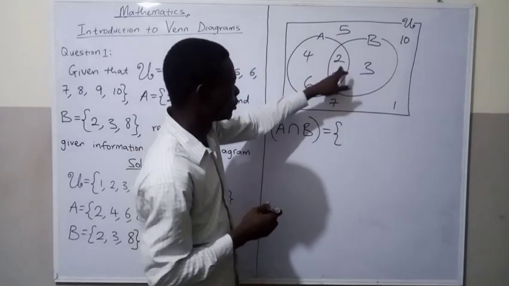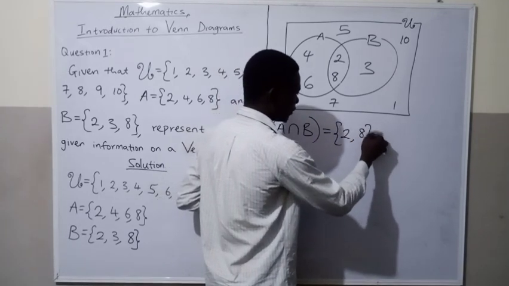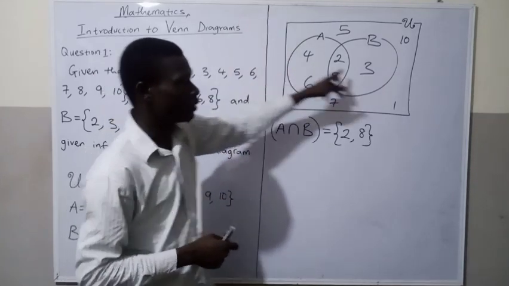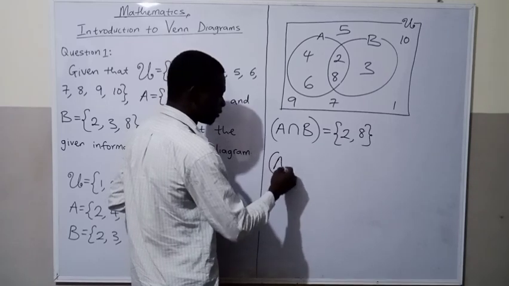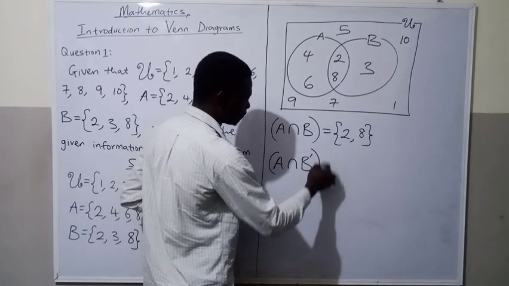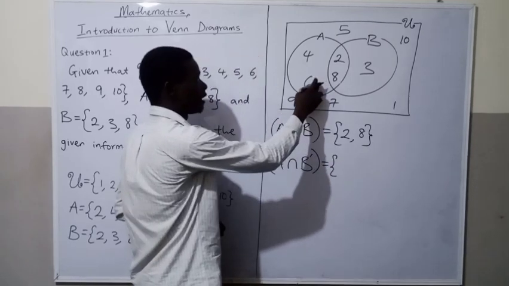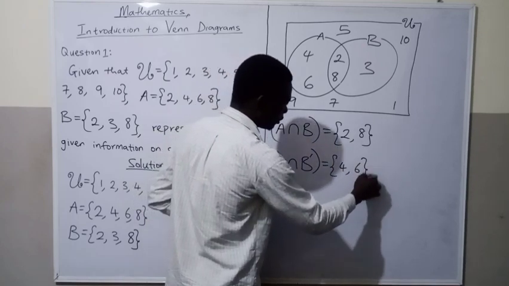They are 2 and 8. So it's going to be written like this: 2, 8. Then we have elements that are in A only, but they are not in B. So this is the representation for that. A intersection B prime. What are the elements? They are in A, but they are not in B. They are 4, 6. Those are the only 2 elements.